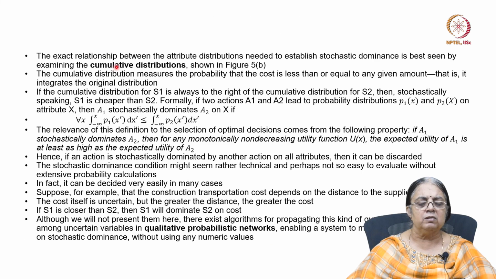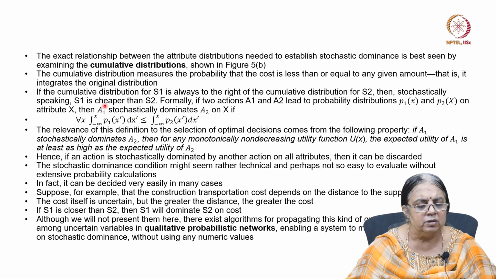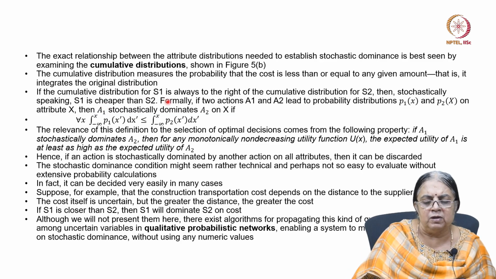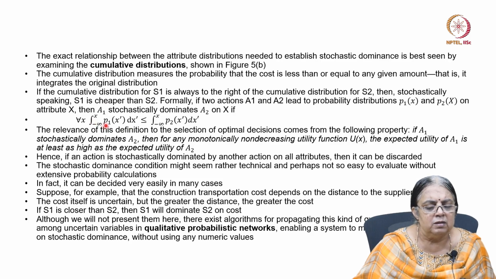So if we take figure b, here you are examining the cumulative distributions. You find the cumulative distribution for S1. If you have two actions A1 and A2 which lead to probability distributions p1(x) and p2(x), then you integrate for x from minus infinity to x to get the cumulative distribution.